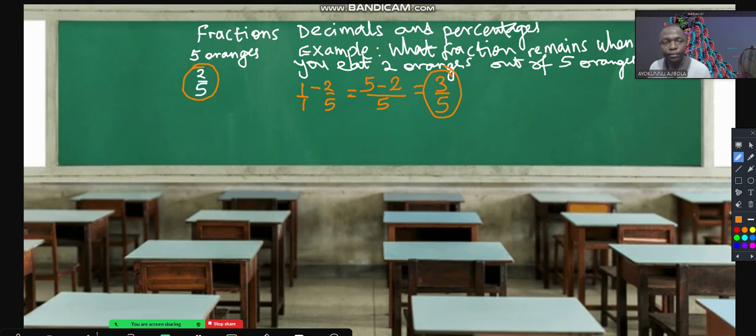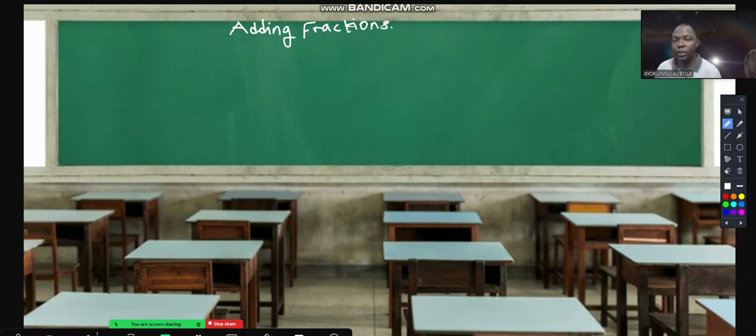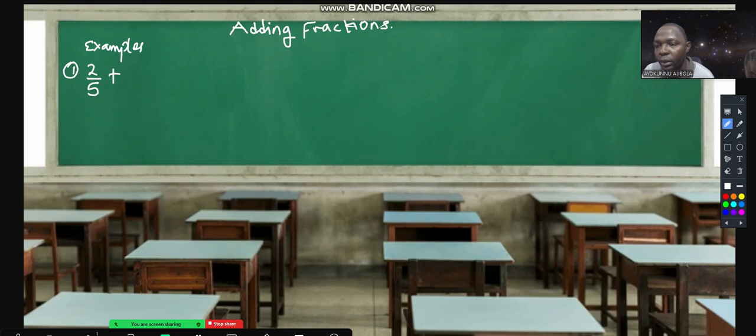Okay, we're going to continue shortly. So the next thing we want to look at is adding fractions, and we're going to look at examples of how to add fractions together. Let's say you have this question 1 that says 2/5 plus 3/5.